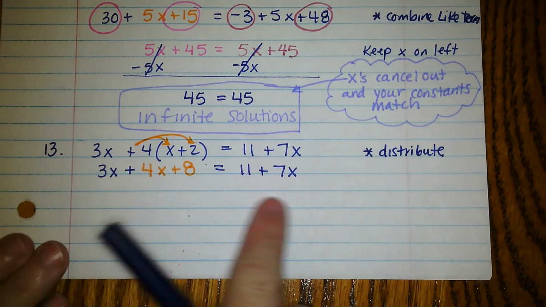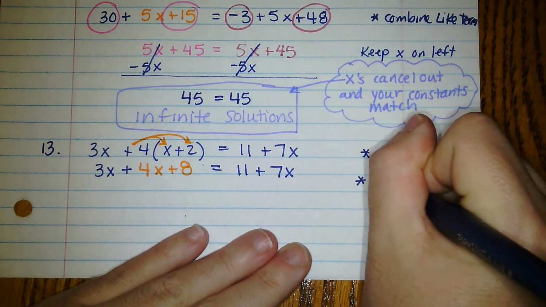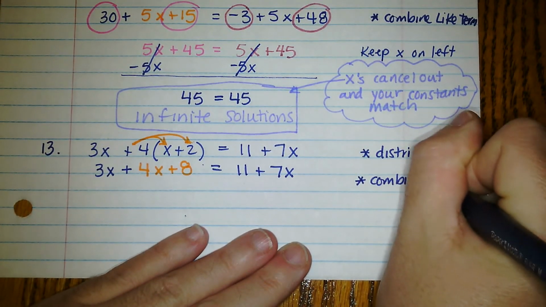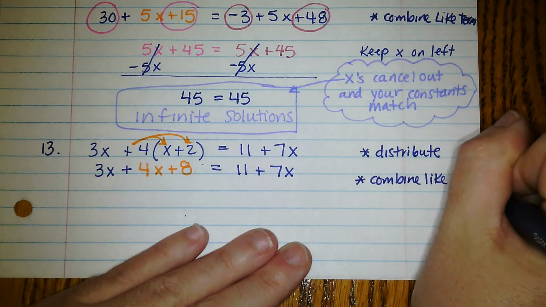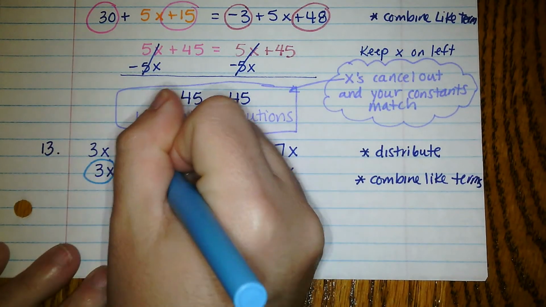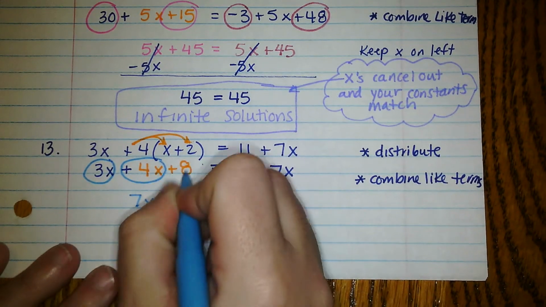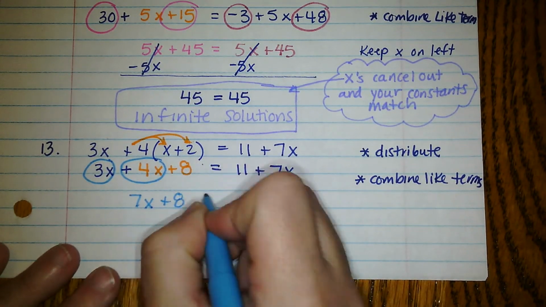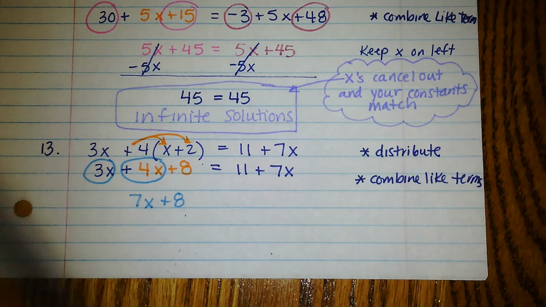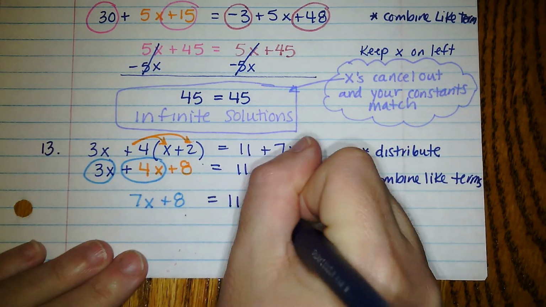Then what I'm going to do is combine like terms. So I'm going to combine 3x plus 4x, and that's going to give me 7x. Bring down the plus 8. And then on this side, I've got 11 plus 7x.